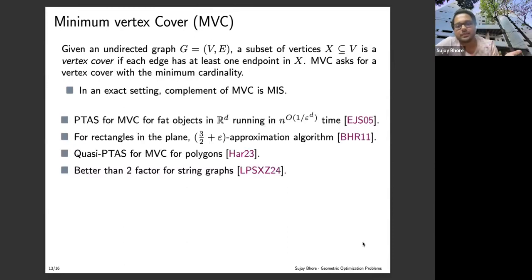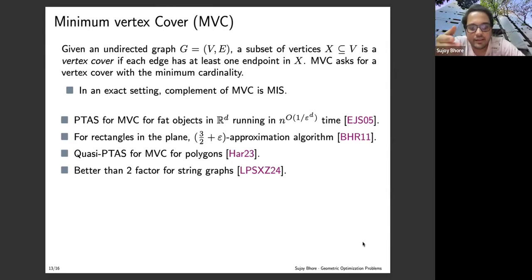We know that there is a PTAS for minimum vertex cover for fat objects in d dimensions. For rectangles in the plane, there is a 3/2 plus epsilon approximation. Of course, for vertex cover on general graphs, we know this whole story of unique games conjecture and so on. For geometric objects, we know much better approximation factors. For instance, due to Har-Peled, we know there is a quasi-PTAS for minimum vertex cover for polygons.